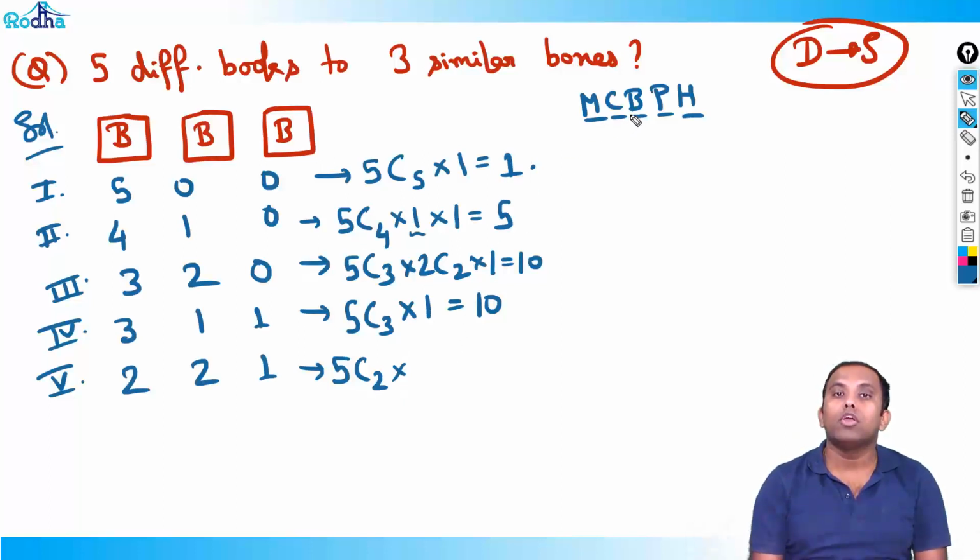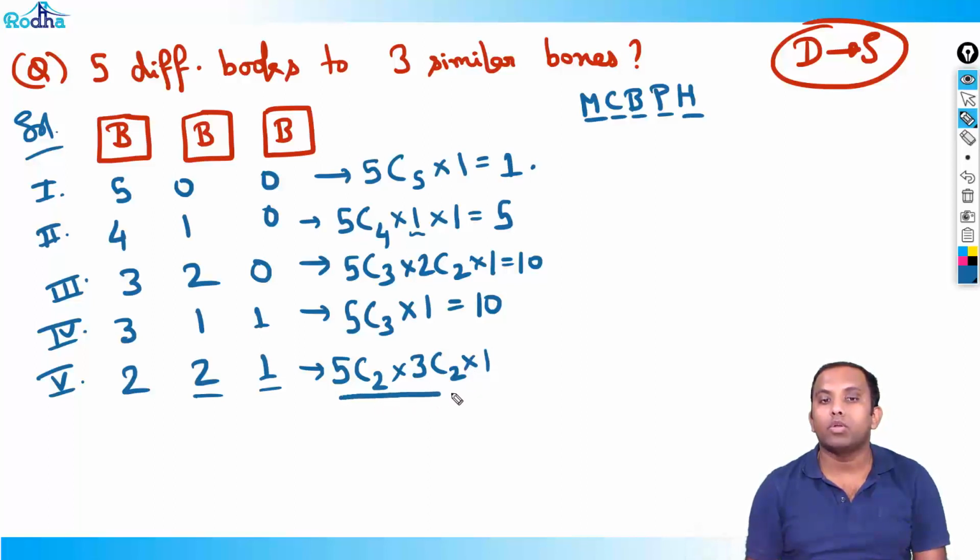Out of 3 books, you have to make 2 groups of 2 and 1 now. So again the fight will come, right? So again which 2 will be there? Out of 3 books, selecting any 2 books in 3C2 ways, right? And only 1 book is left, so only 1.